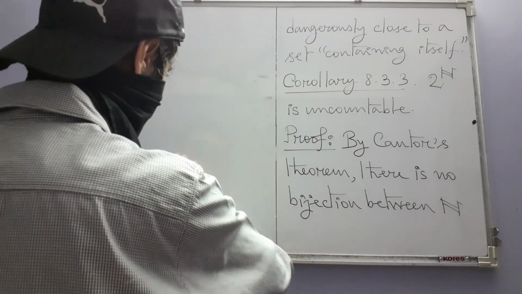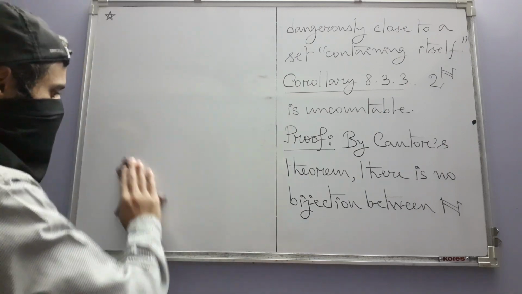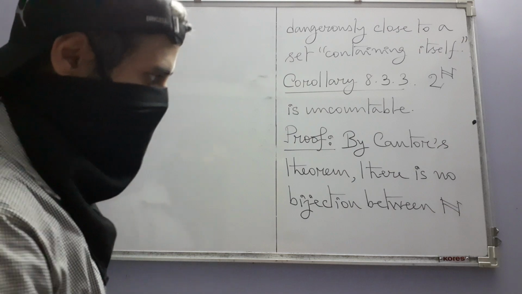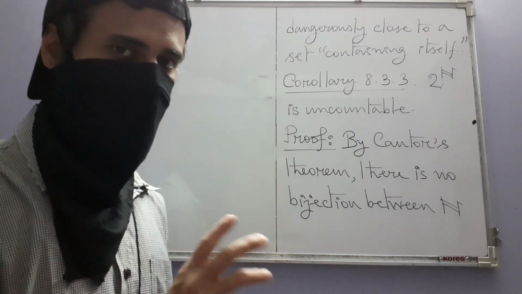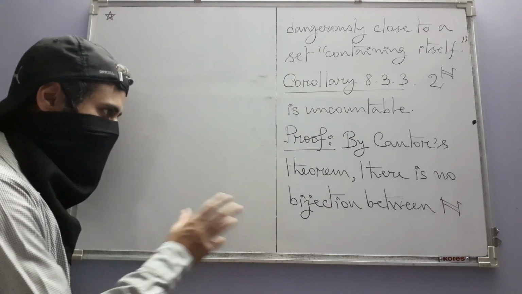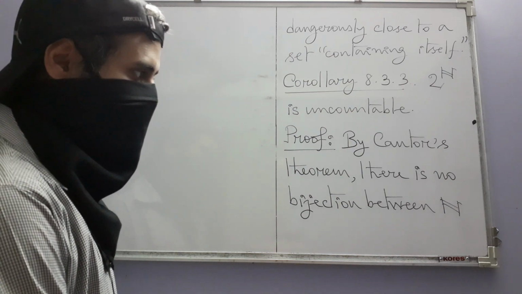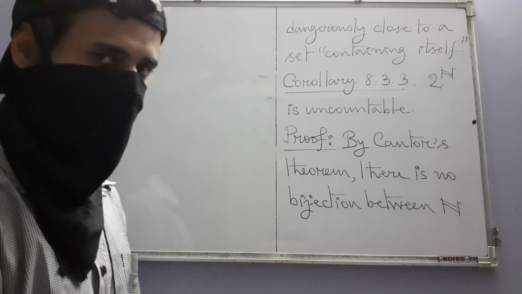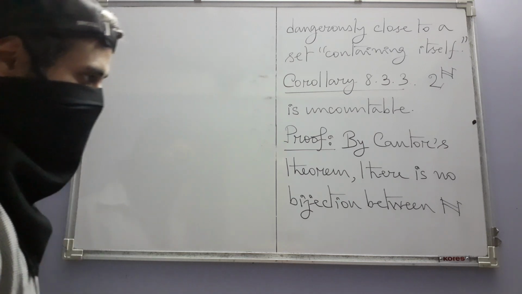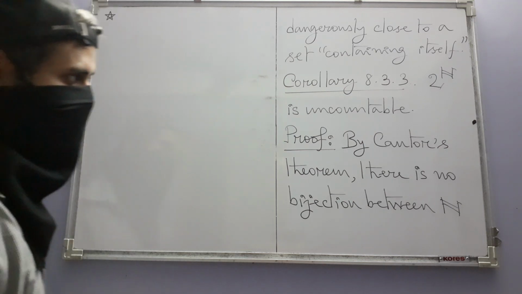Before Cantor developed these ideas of sets having equal cardinality, or before he developed this theory of bijection and everything, people thought that uncountable sets do not exist. But he showed, of course, that the real numbers are uncountable.